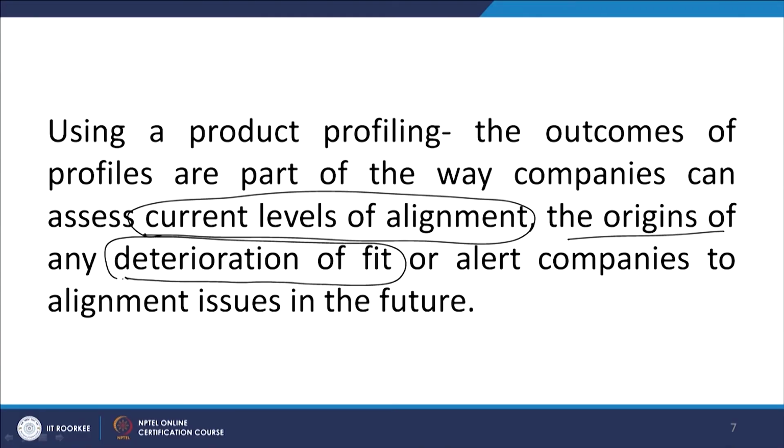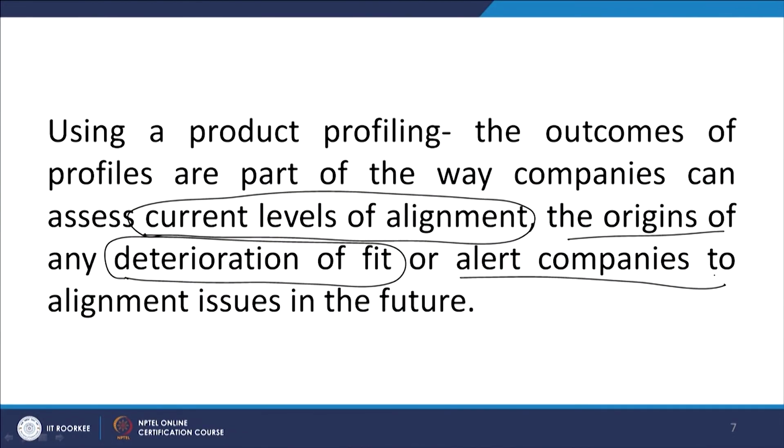If at any point we are moving away from this level of alignment, that can also be identified, and then we like to alert companies to alignment issues in the future, alignment between our infrastructure choices, our investments in the processes and the type of market, type of products we are going to serve.